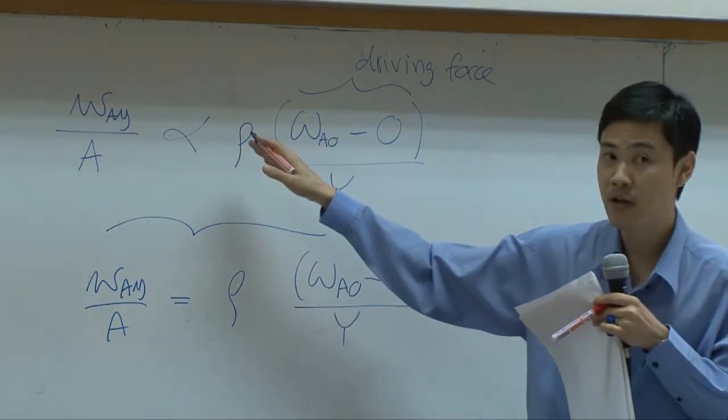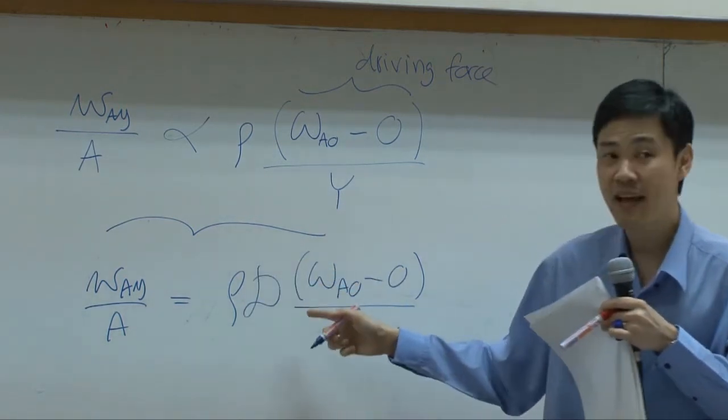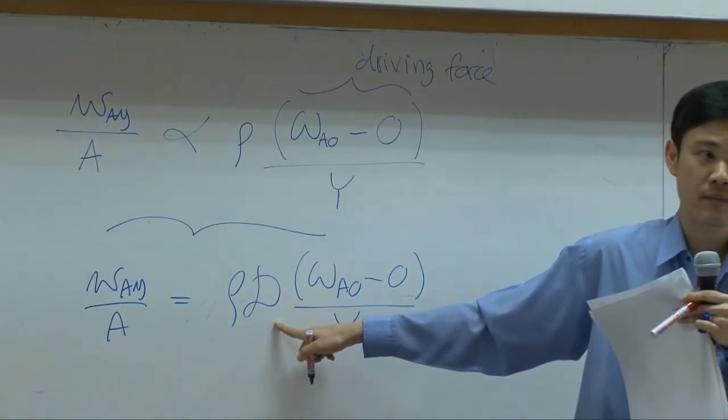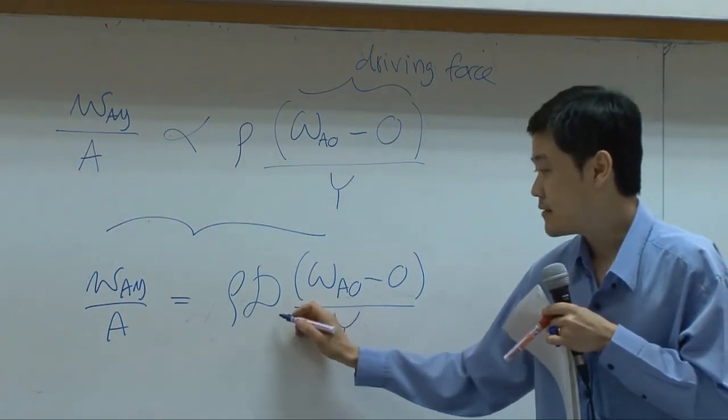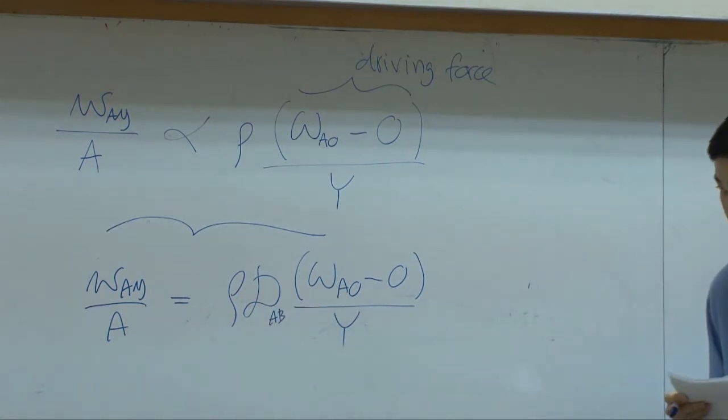Changing from proportionality to equality, the constant here in this case is called D in script. Okay? And it's called D_AB in this case. All right?